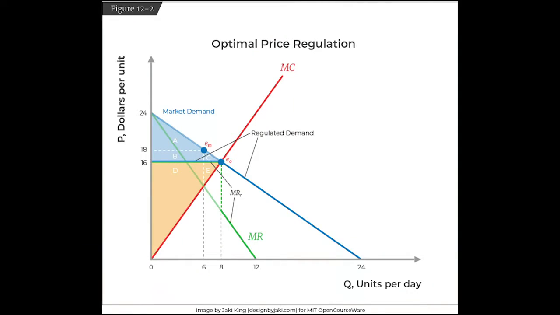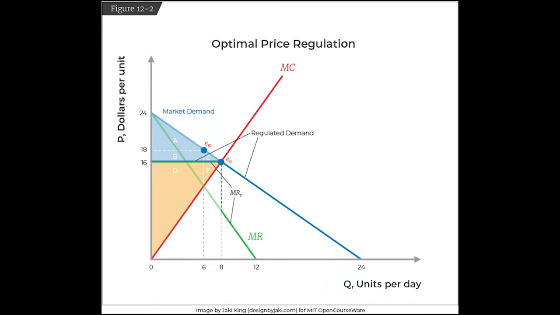In this case, the monopolist's new marginal revenue curve is a bit different. The new marginal revenue curve is the old marginal revenue curve until you get to the point where the first dashed line intersects marginal revenue. It's the old marginal revenue curve until you get where the marginal cost crosses marginal revenue.